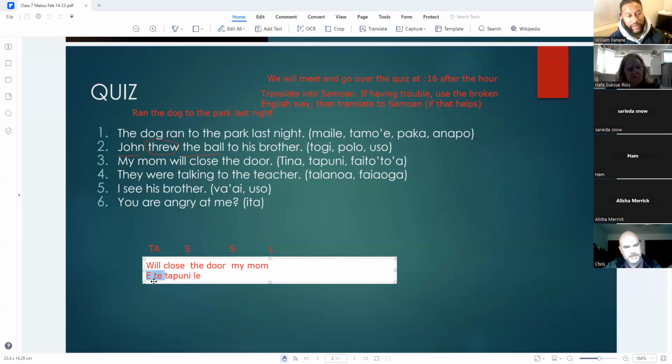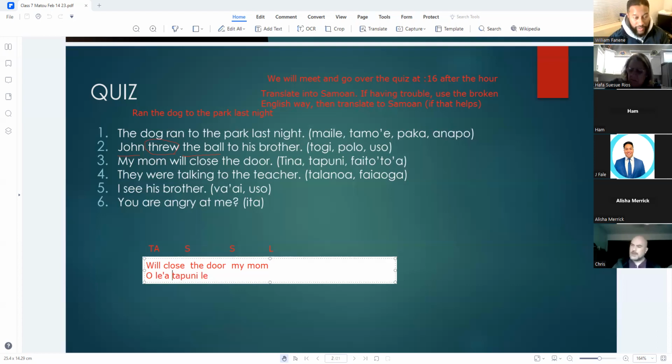Okay, so does anyone have Ole? That's our tense marker. So we have will, close, or the tapuni, or tapunia. Like I said, we'll talk about the suffixes at the end of that, so for now we're going to leave it just like that.